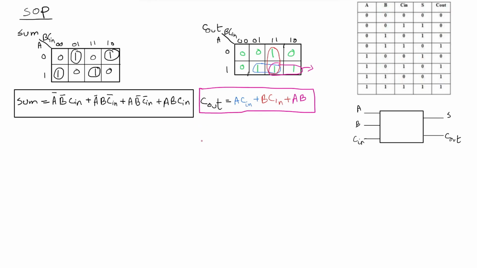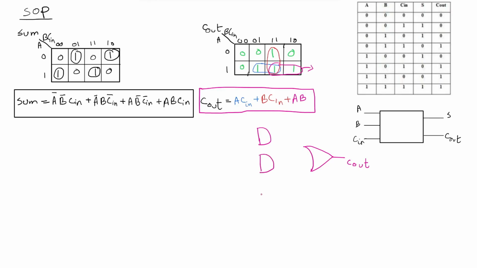Now from these two, we can design the circuit for a full adder using NAND gates only. Let's start with the Cout. We have a summation, so that means we need an OR gate. And then we have three multiplication terms, so that means we need three AND gates.